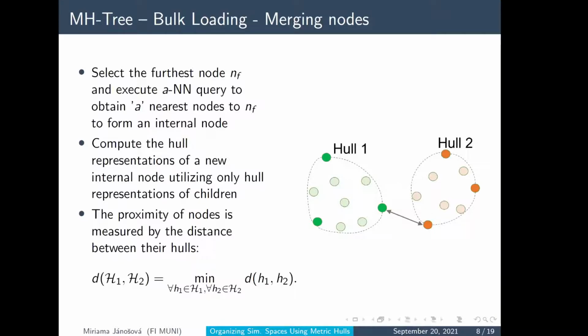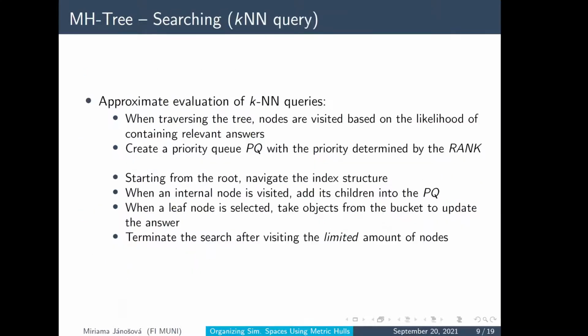To determine the proximity of nodes during the search, we measure the distance between hulls as the minimal distance between their hull points.